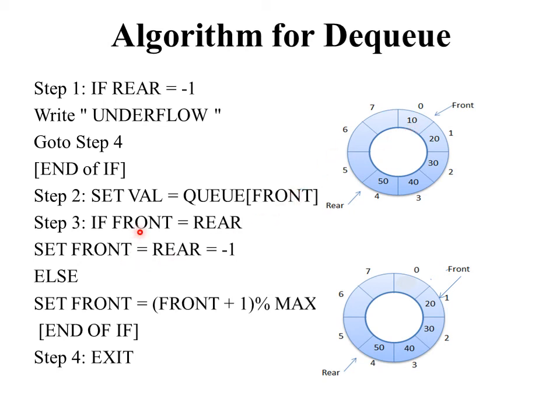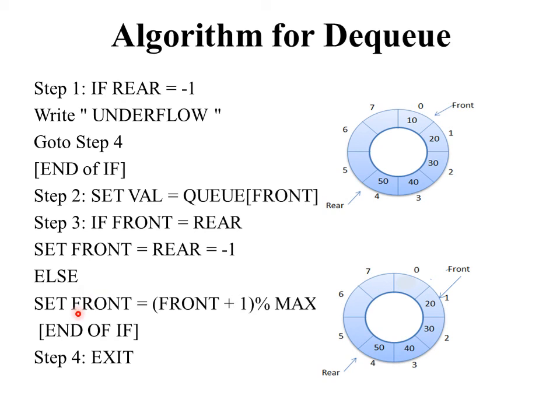So in step 3, we check if front is equal to rear. The meaning of this condition is: if front is equal to rear, the queue contains only one element. So if the queue contains only one element, then to delete this element we set front and rear equal to -1. So the queue is directly empty.